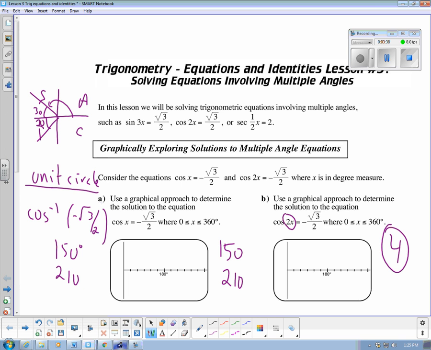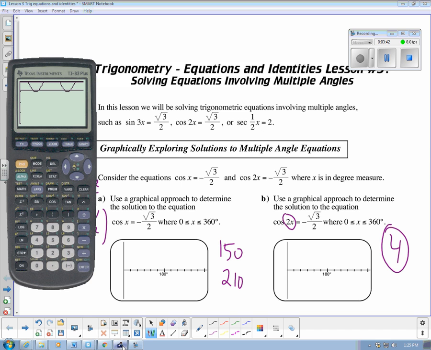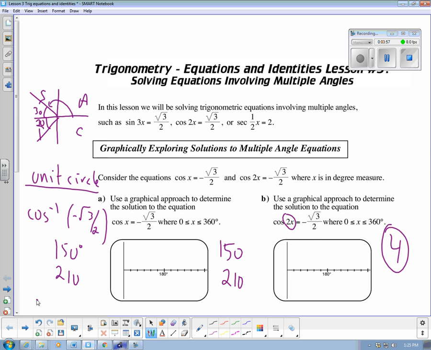You could find your answers to start with the same way that we were. So I could find the point of intersection here and here, and there, and answer those questions. But what we want to do is find an algebraic way of solving for this. So let's take a look at the questions that are presented.